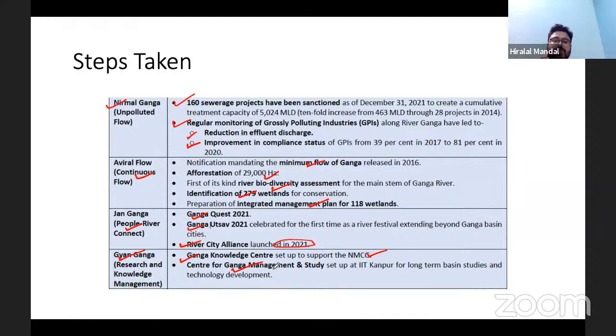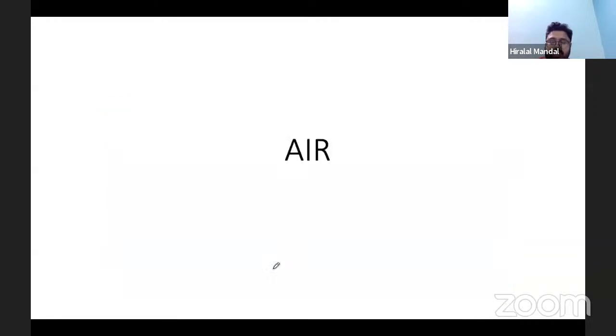Because the Ganga river goes through Kanpur, and we have seen a huge amount of effluent is discharged in the river Ganga along industrial towns such as Lucknow and Kanpur. That's why it is at the center. The government has set up the Center for Ganga Management and Study at IIT Kanpur itself. So these are the various steps with regard to the Namami Gange.